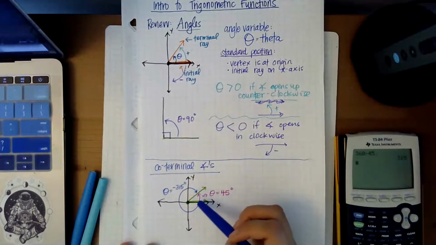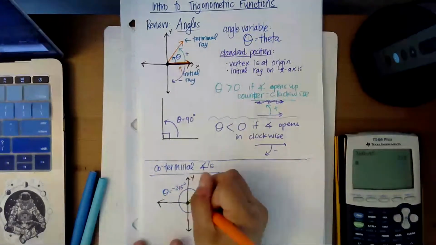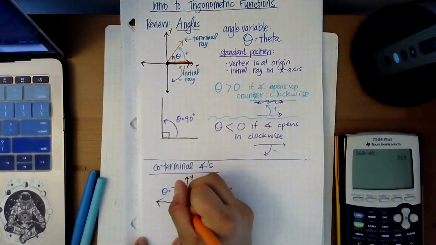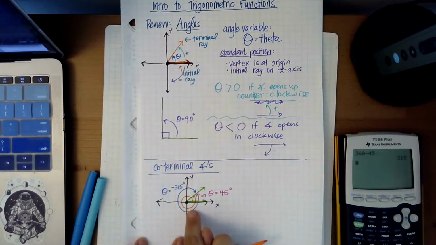And there's also, what if I was to do multiple rotations? So now that means that I have one rotation this way and then a little bit more. So if you notice, my orange went 360 degrees plus another 45.